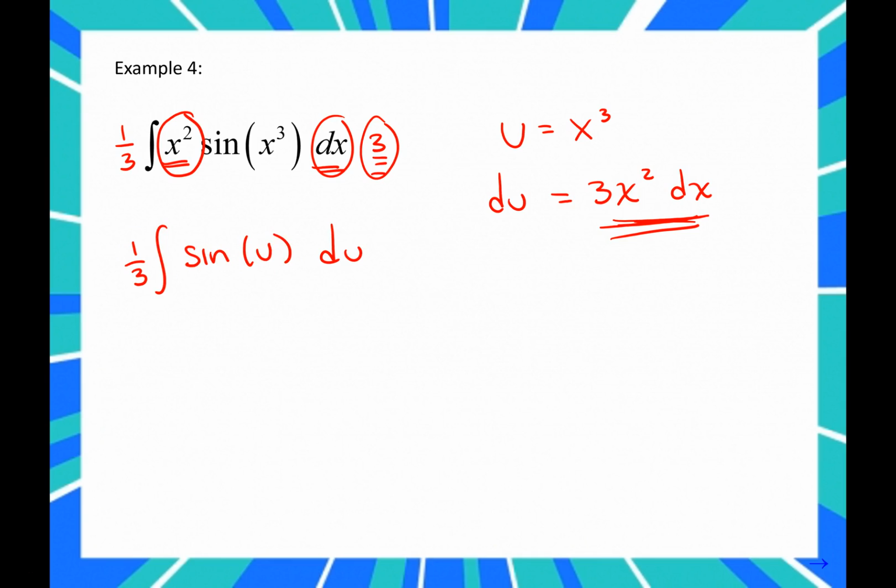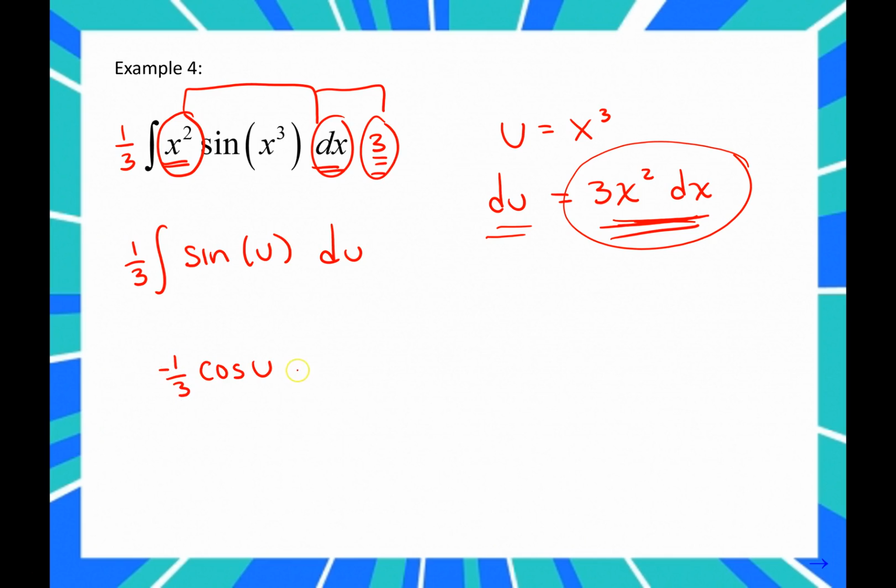Now you're saying, where did everything go? Well, these 3 things that I circled in red, that became a du because it was a perfect match with this. Now the integral of sine u is going to be a negative cosine of u, and don't forget about my 1/3, so I can write this as negative 1/3 cosine u plus c.